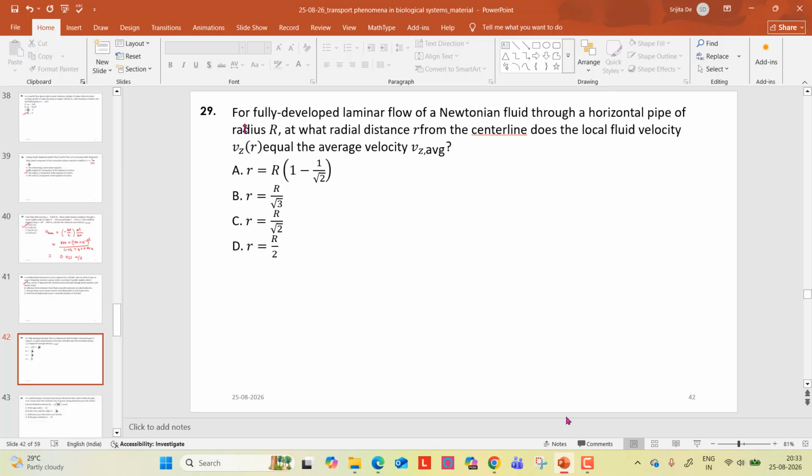For fully developed laminar flow of a Newtonian fluid through a horizontal pipe of radius R, at what radial distance r from the center line does the local fluid velocity Vz equal the average velocity?